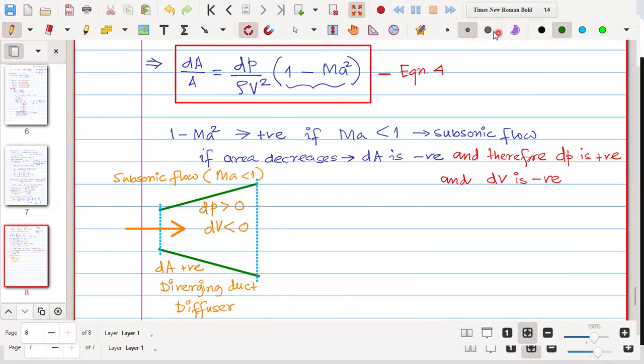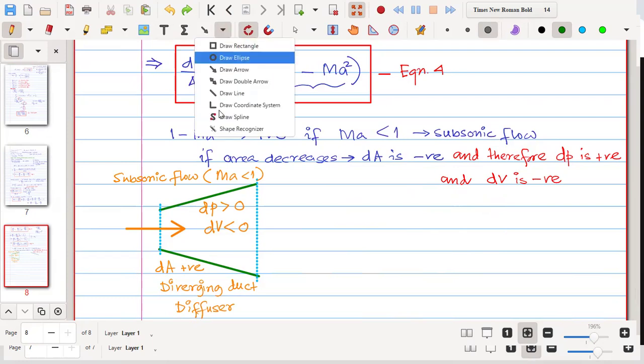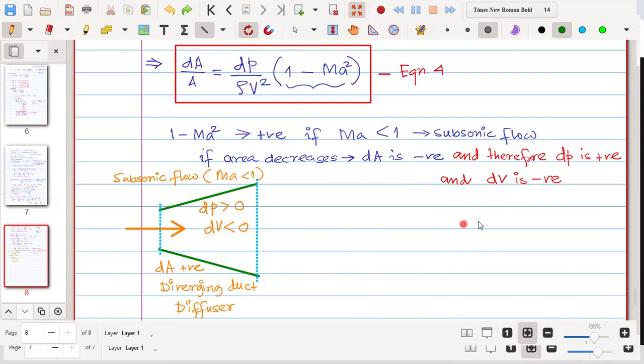Okay. So now we will go for case 2. So this is case 1. Now case 2, area decreases.